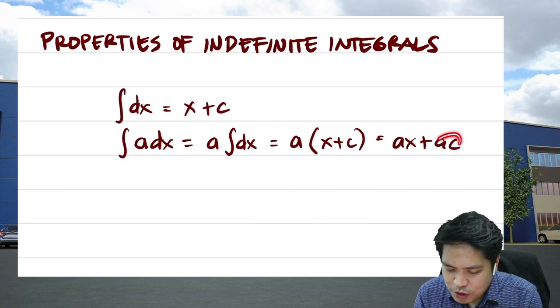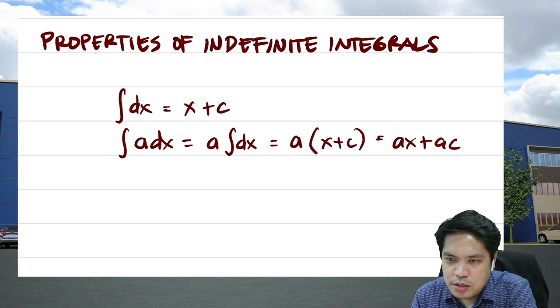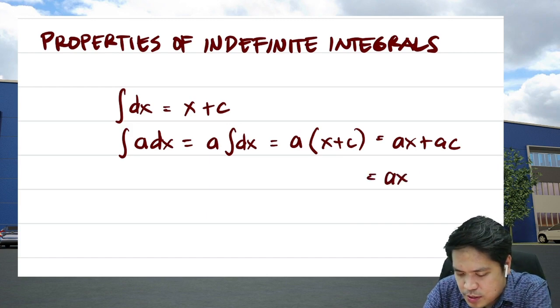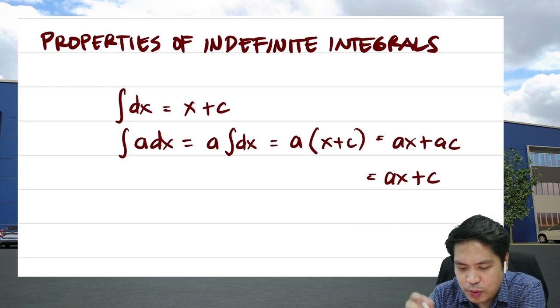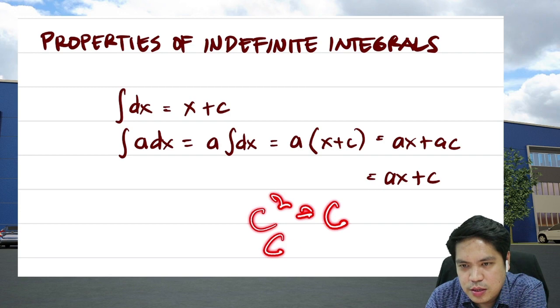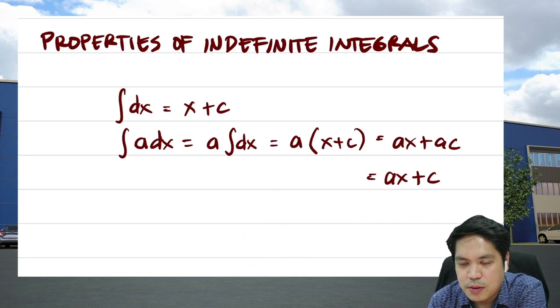So therefore, since c is arbitrary, you multiply that with any other constant, the result is still arbitrary. So therefore, that is still ax plus c. Okay? Even c squared is still c. c times 2 or 2c is still c. Arbitrary pa rin siya. Okay?